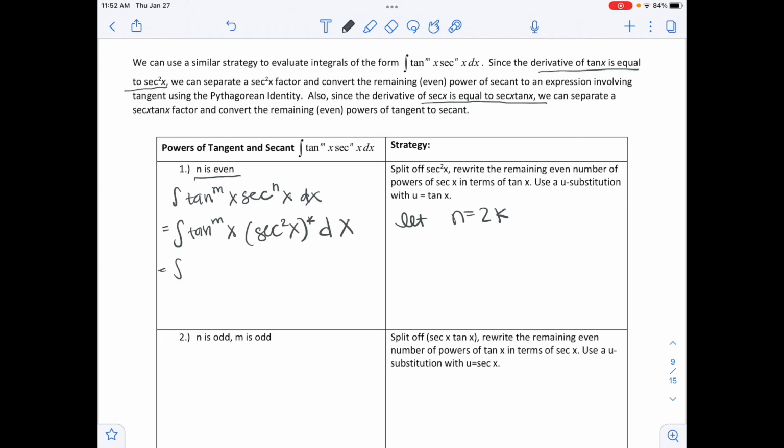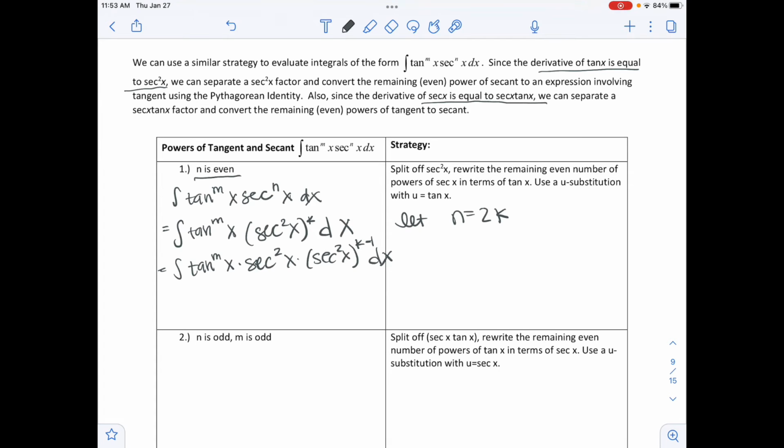And so this is now going to be tangent m of x, splitting off one of those, we're going to have secant squared x. And then since we took one of those out, the remaining ones will be secant squared x to the k minus 1 dx. Again, since we took off one of those secant squared of x's.